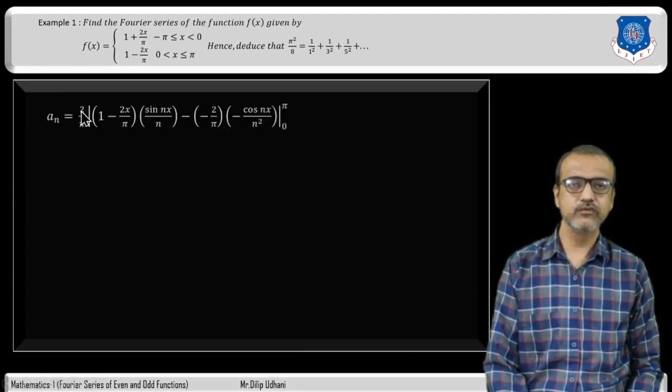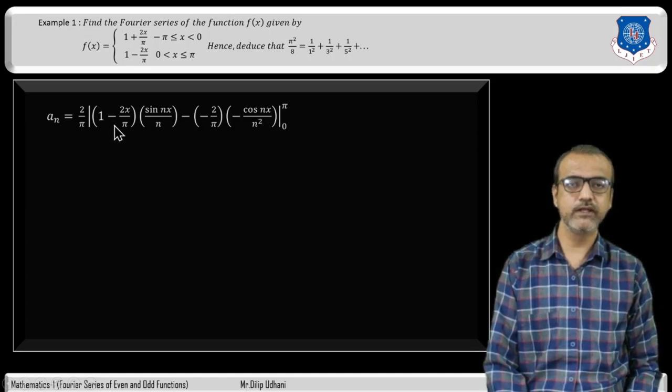So an equals 2 by pi, that is a constant value. Now the first term 1 minus 2x by pi will be as it is. Now we will find the derivative of this function. Derivative of 1 is 0. Then minus 2 by pi is a constant value, and derivative of x is 1. So the result is minus 2 by pi. Right? This is the result.